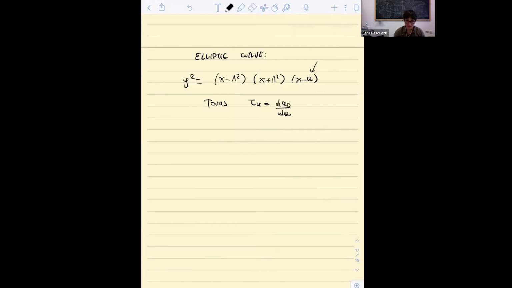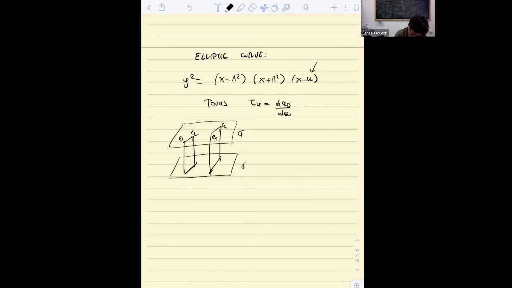So the way to think about this torus is simply to think of it as obtained by gluing two complex planes by two branch cuts. So imagine you have two complex planes, and you have branch cuts.